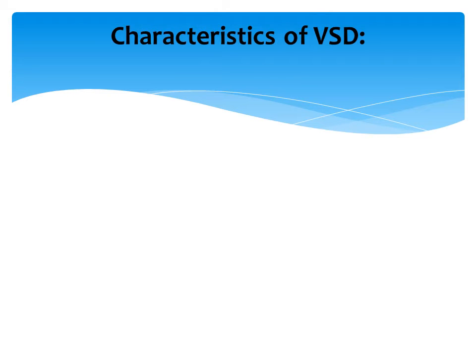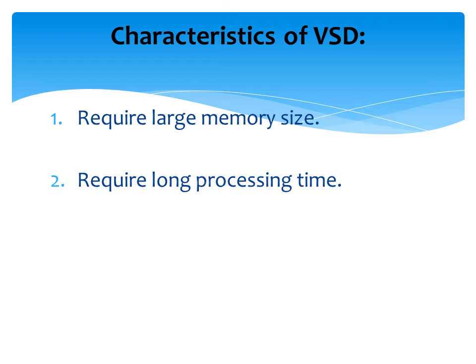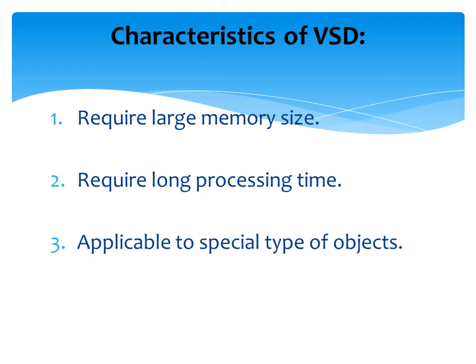Before going to the classification, we have to know about the characteristics of visible surface detection. Some visible surface detection methods require large memory size, some require long processing times, and some are applicable only to special types of objects.